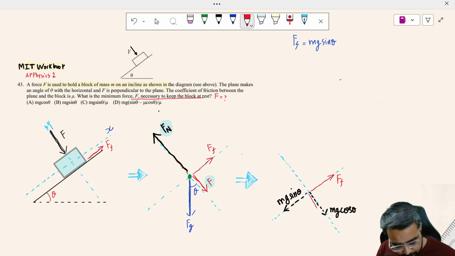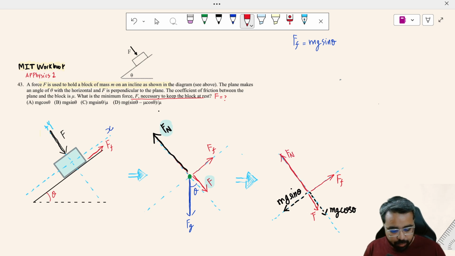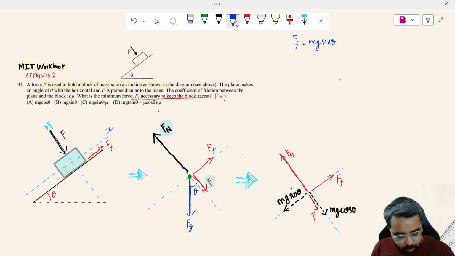So you know that this is our applied force, so that is a force F, and this was the normal force Fn. So let's make an equation, because the object is in equilibrium. That's why we can say that the normal force must be equal to mg cos theta plus this applied force.